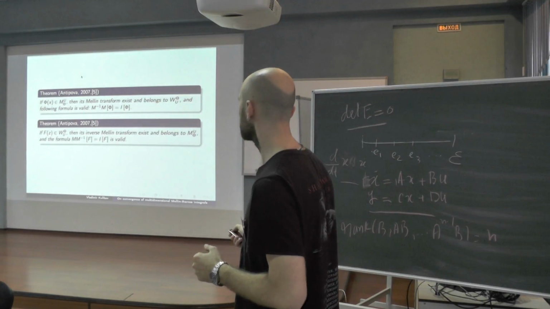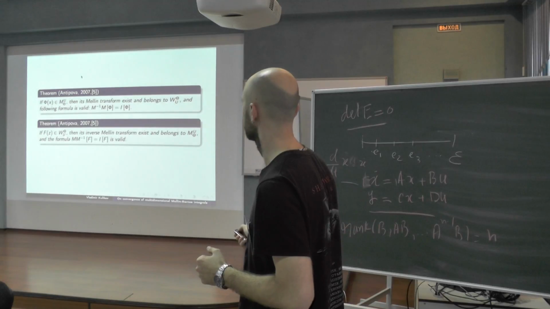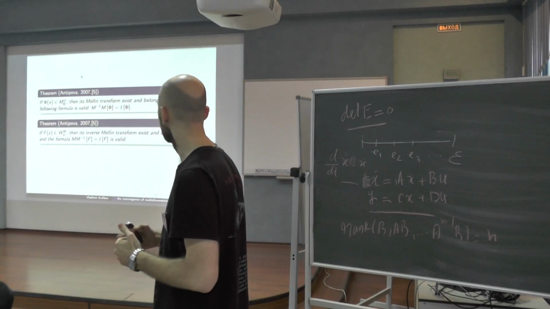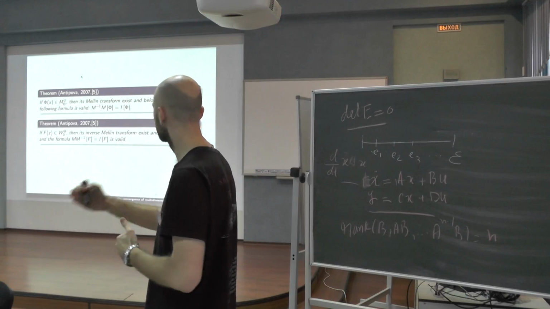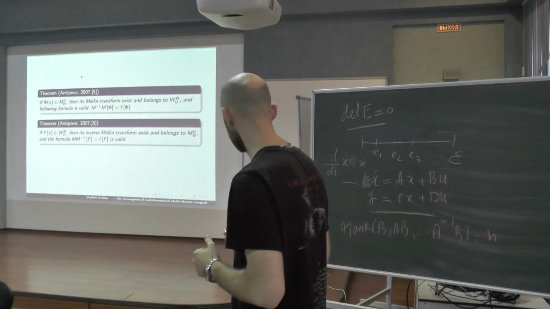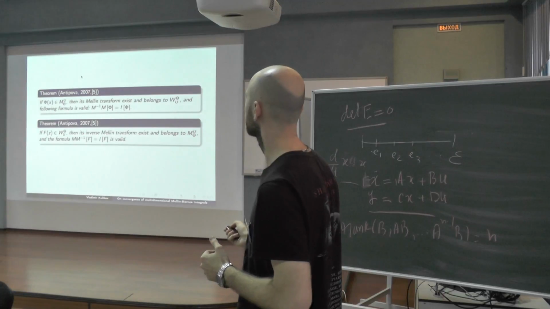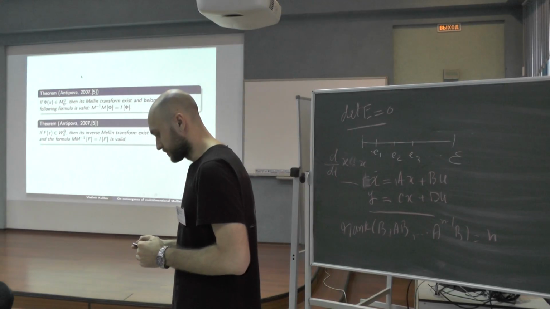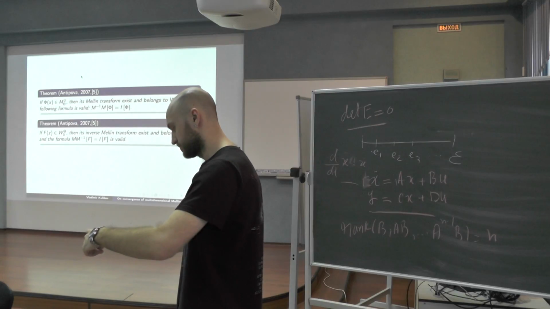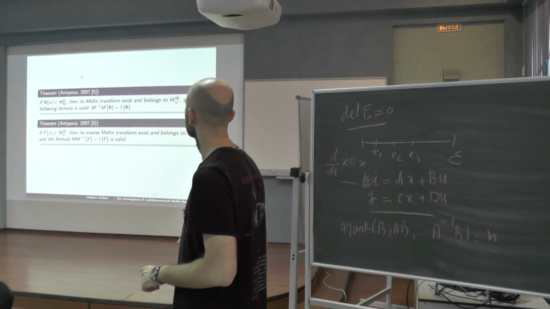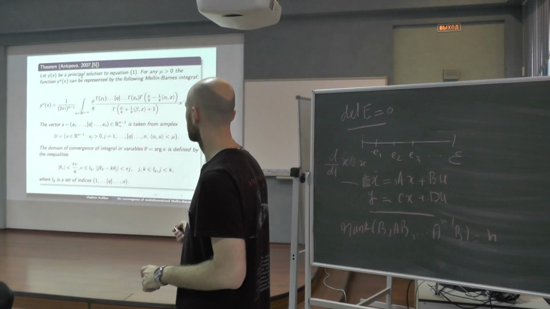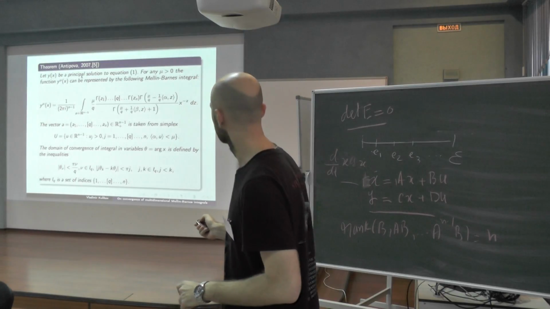Another theorem is about the other order of transformation: start with the inverse transform and then use the direct transform. And using the first of these theorems, we can transform the linearization of the solution y mu into this formula.